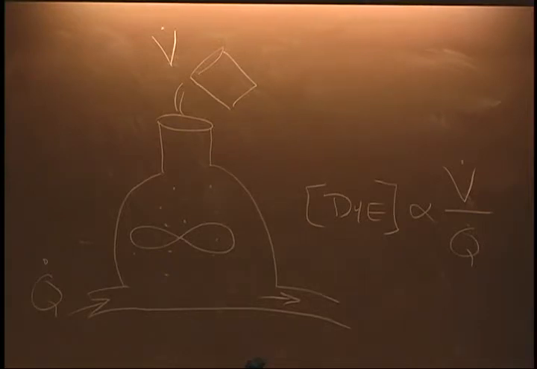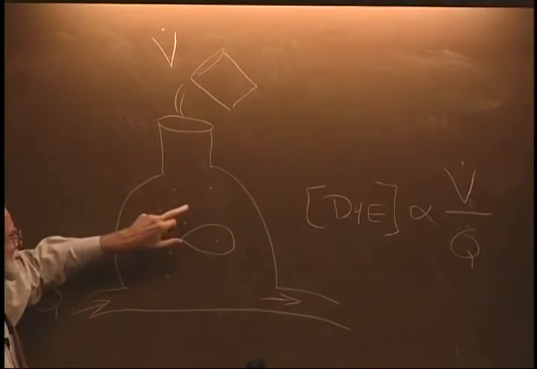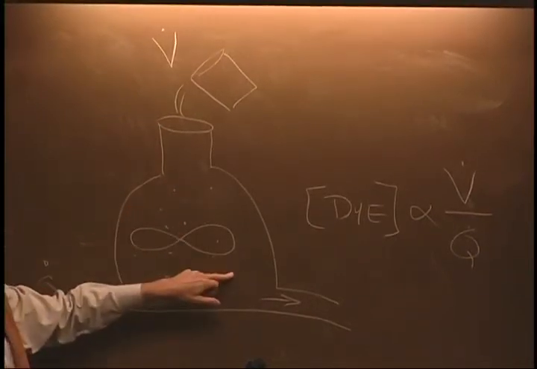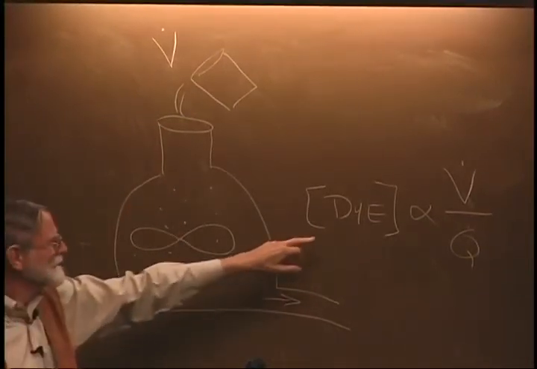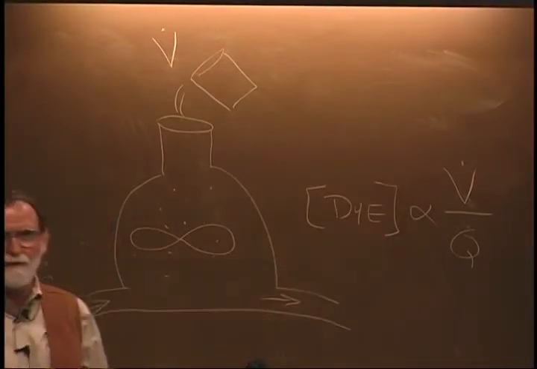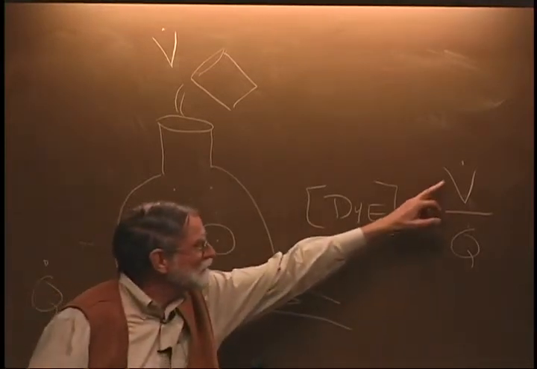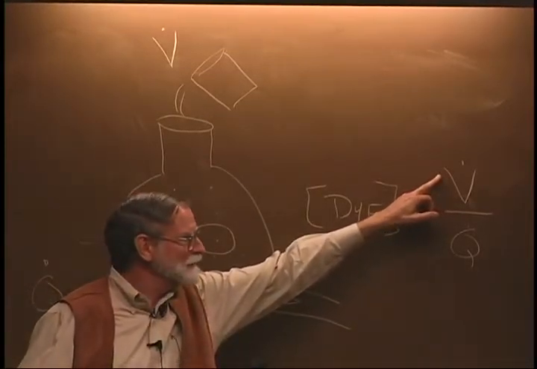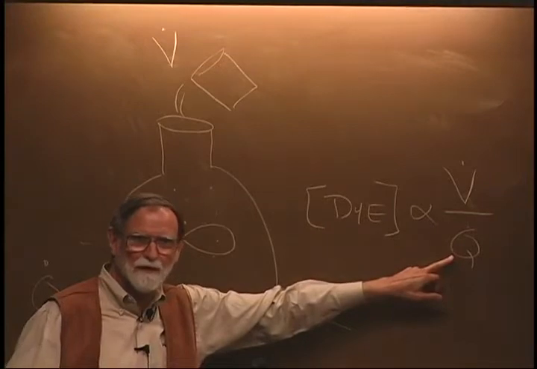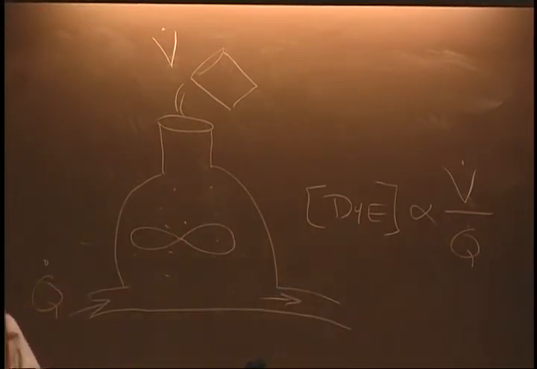But if you pour it in slowly, then the dye in this compartment will be fairly dilute. So its concentration is going to depend on V dot, the rate at which you're putting it in. If the rate at which you're putting it in is small compared to the water flowing through, diluting it, then the concentration will be low.